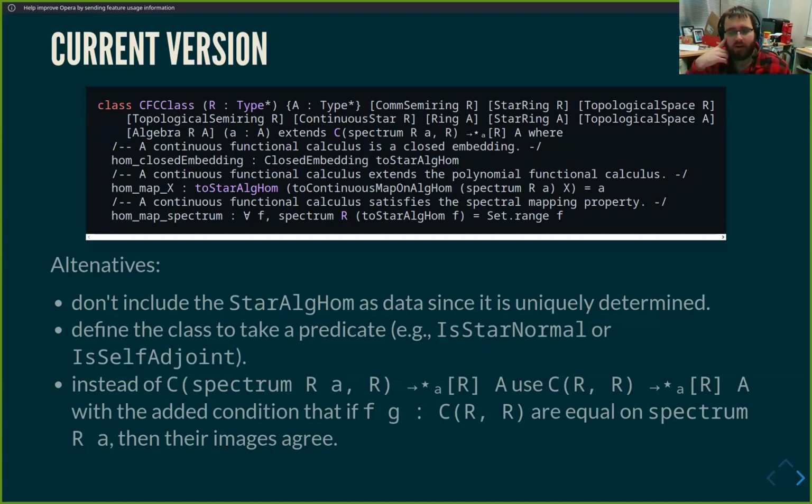This would remove the dependent types from the domain of those continuous functions. And that would be perhaps quite handy. It's sort of a lot more work, because then you have to apply TC extension to get the original restricted star homomorphism back, which presumably you would want from time to time.